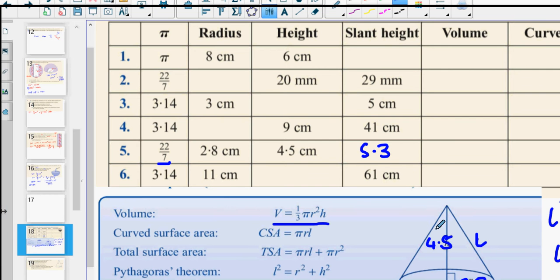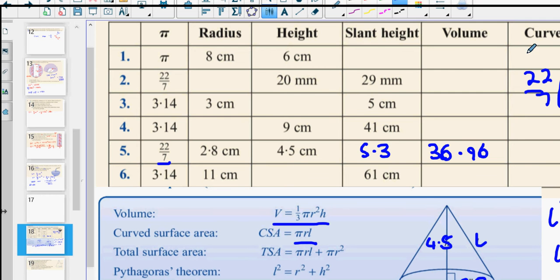Okay. Nextly, it wants the curved surface area, which is very simply pi r L. See it here? CSA, curved surface area. So it's going to be 22 over 7 multiplied by radius, which is 2.8, multiplied by the slant height, which is 5.3.